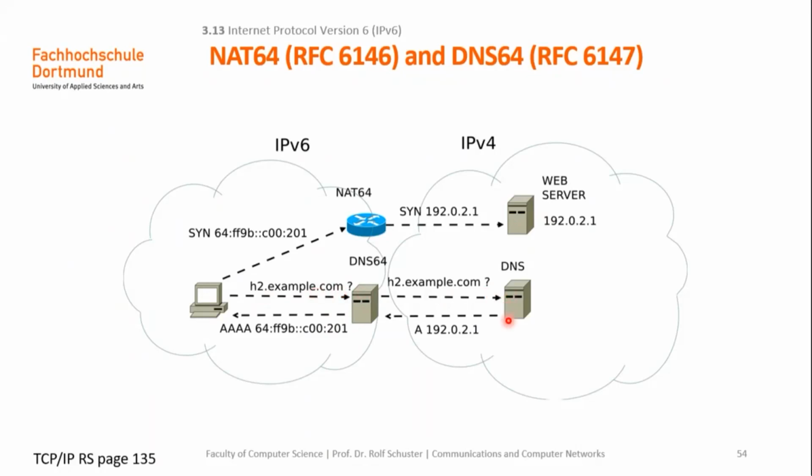address of the destination web server, and transforms this information, that is in fact a resource record type A in a DNS resource record, into an address of IP version 6.